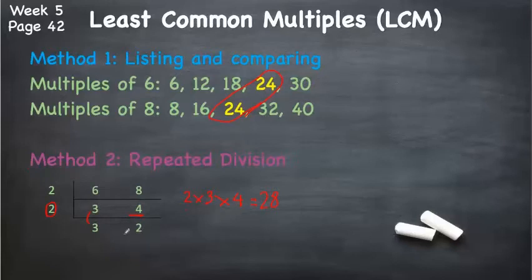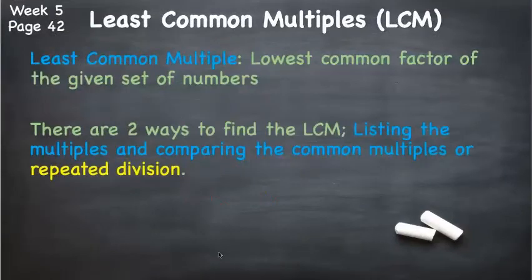Now, watch closely. We have 2 times 2 times 3 times 2. Who would like to solve that? 2 times 2 is 4. 3 times 2 is 6. 4 times 6, oops.